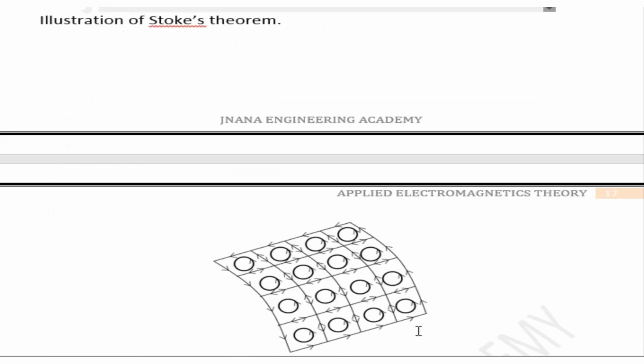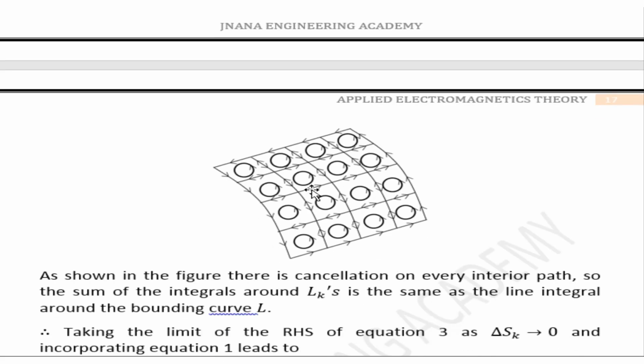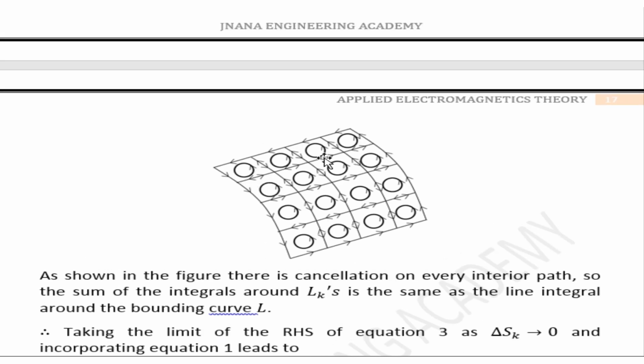See here, this is an illustration of Stokes theorem, where we are subdividing a particular surface into k number of cells. Here it is clear that the sum of the integrals around each cell is the same as the line integral around the bounding curve L. The cells are shown separately, and there will be a cancellation on every interior path.